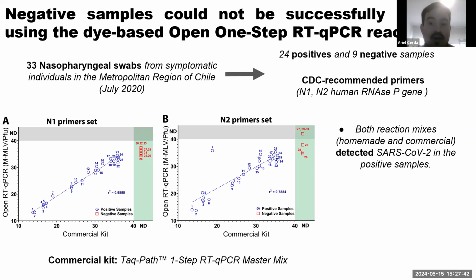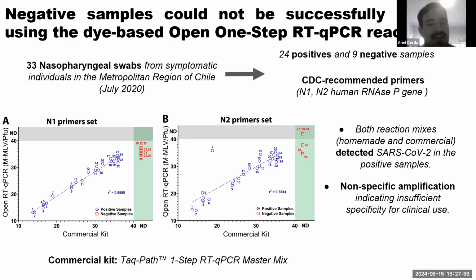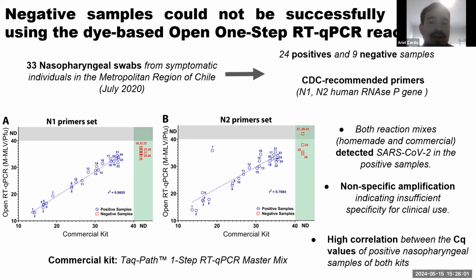However, the homemade assay inaccurately identified 3 negative samples as positive and 6 as indeterminate, showing insufficient specificity for clinical analysis. Despite this, there was a high correlation in Cq values for positive samples between both kits.